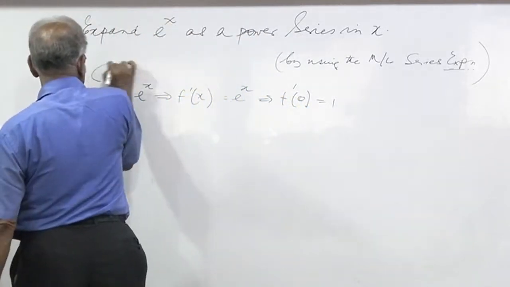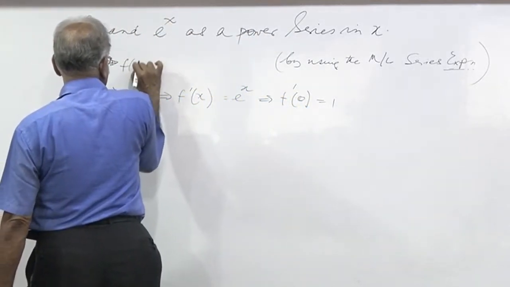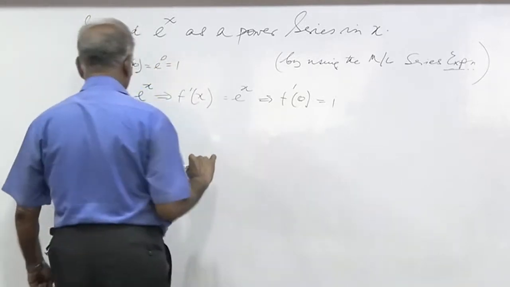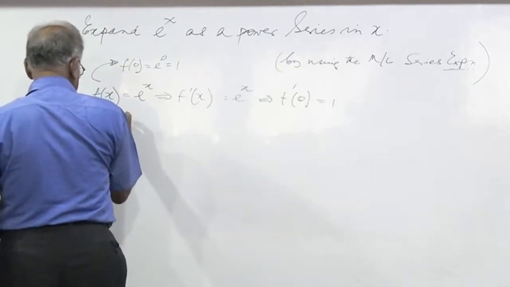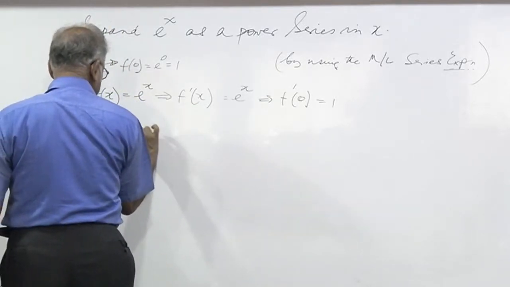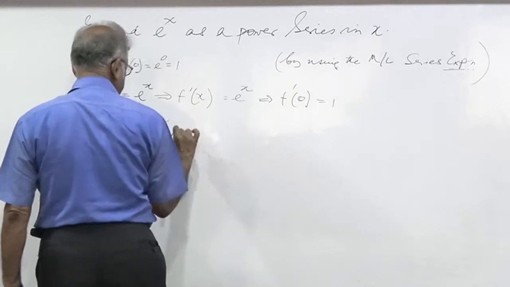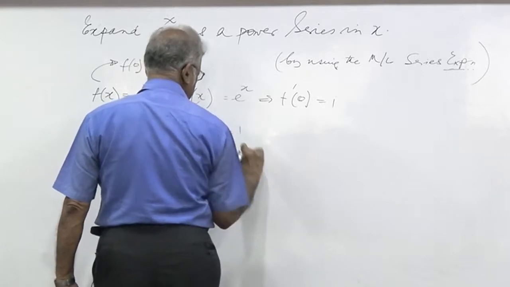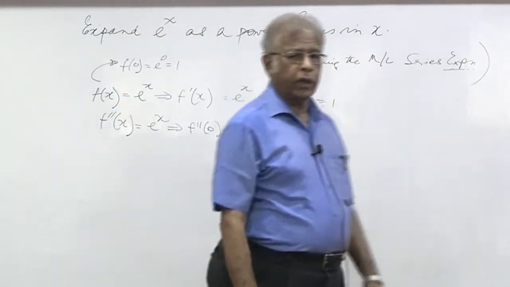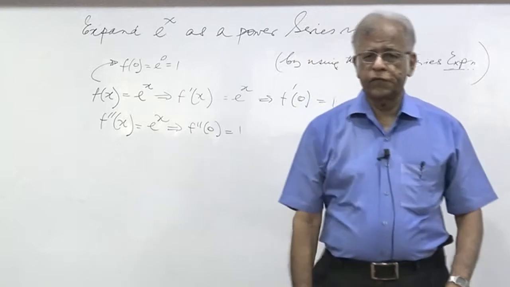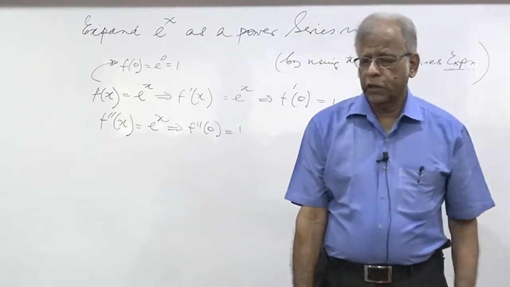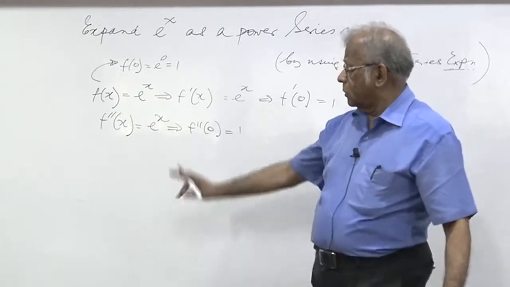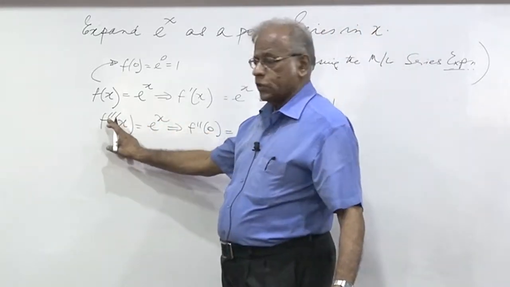Also, this will be needed. f(0) is e to the power of 0, that is 1. f double dash x is again e to the power of x, that implies f double dash 0 is 1. So, carrying on like this, we will see that all the derivatives of the function e to the power of x get a value of 1 for all orders of differentiation.